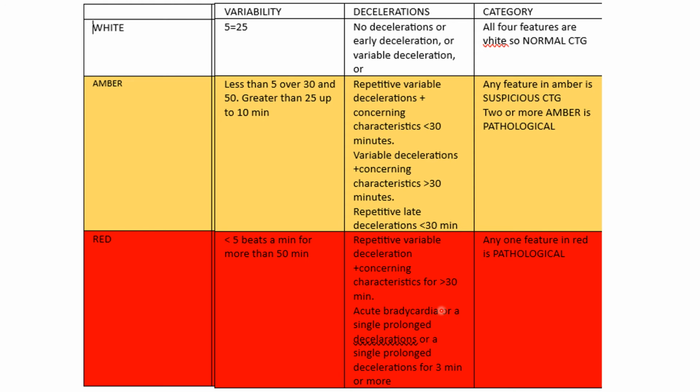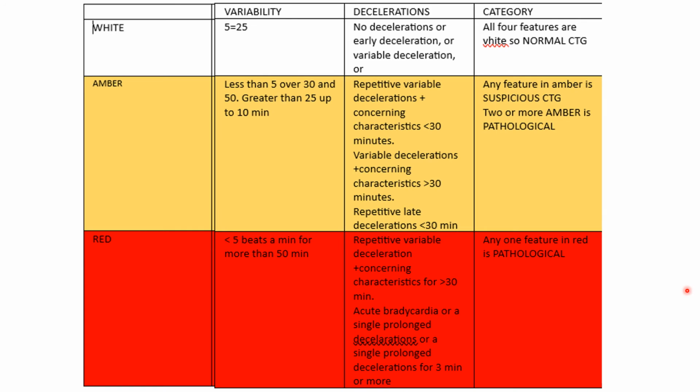In case the decelerations are variable and repetitive and they are for more than 30 minutes, or if there is acute bradycardia with prolonged deceleration lasting 3 minutes or more, then it is considered to be a red alert and a red sign.